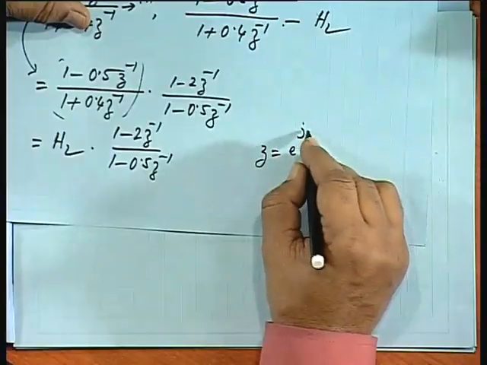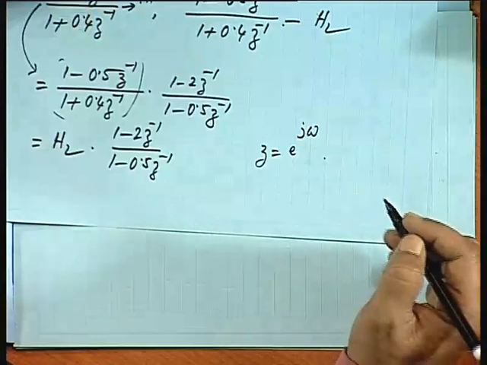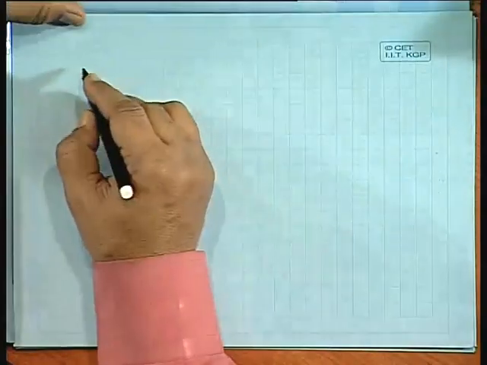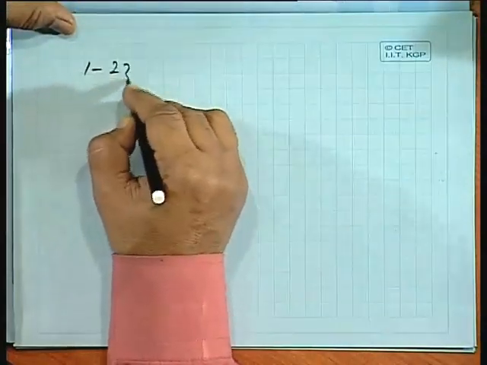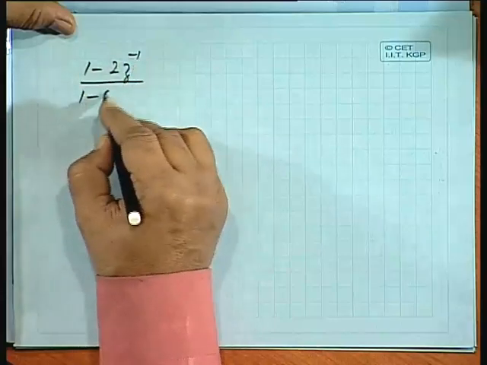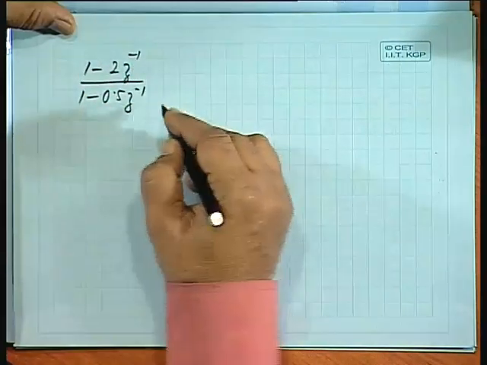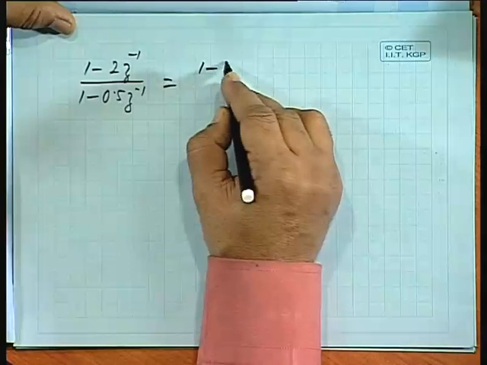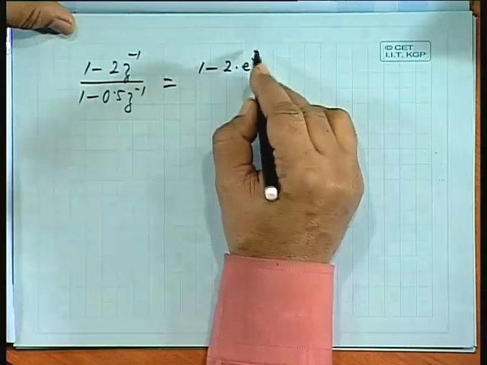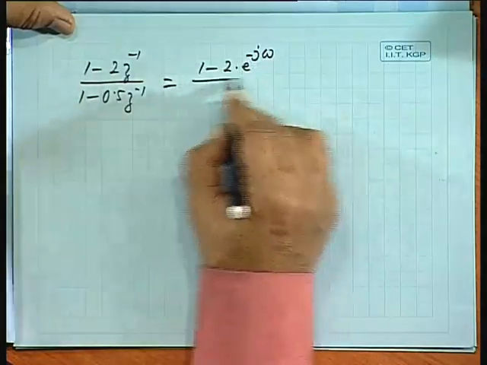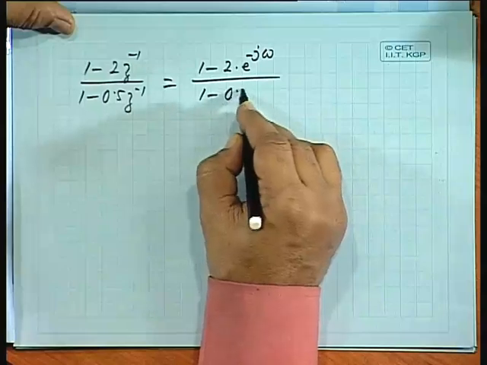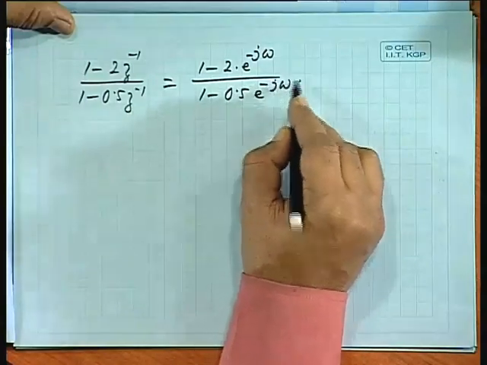You put z equal to e to the power j omega, is it not? So, (1 minus 2 z inverse) by (1 minus 0.5 z inverse) equals (1 minus 2 e to the power minus j omega) by (1 minus 0.5 e to the power minus j omega). Okay. Now, we would like to see what will be the magnitude of this. What is the magnitude of this function?